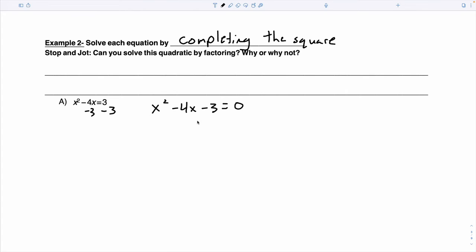Then if you couldn't factor it, I want you to see if you could take the square root like yesterday. If you couldn't do that, think about why. Turn and talk to your partner for a minute. Try to factor this thing and see if you can make it work. Go. If you can't factor it, try to take the square root.